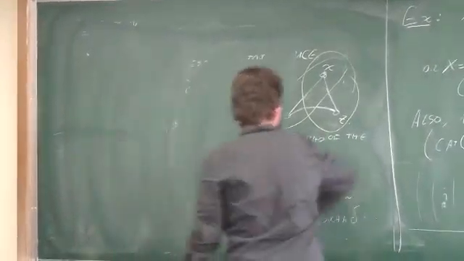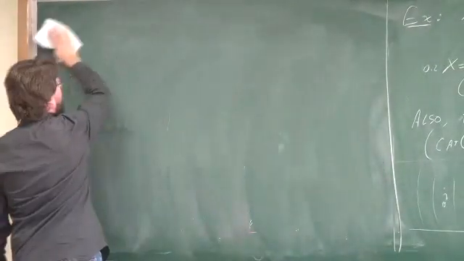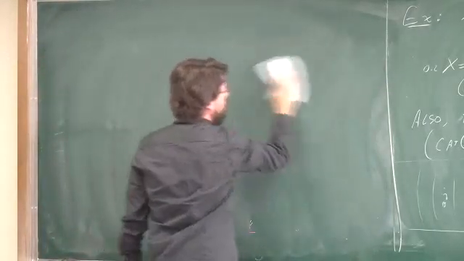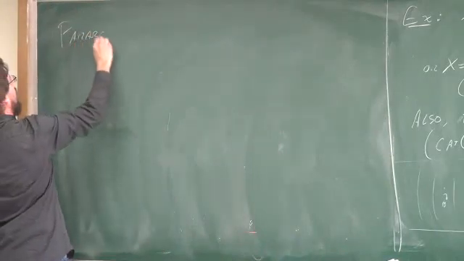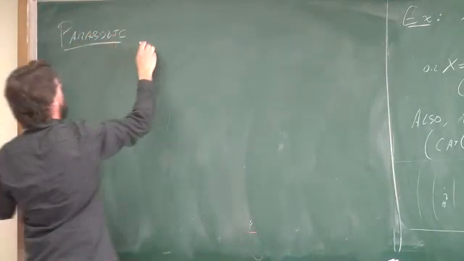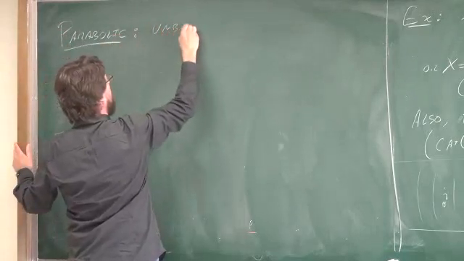So points at infinity, what am I talking about? If you think about H2, maybe rather than define it, I'll just appeal to your intuition about H2. So parabolic: unbounded orbits.